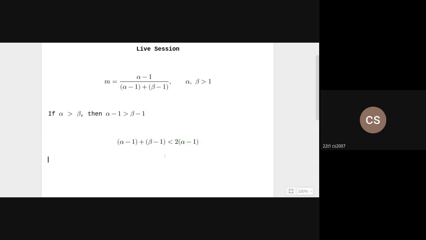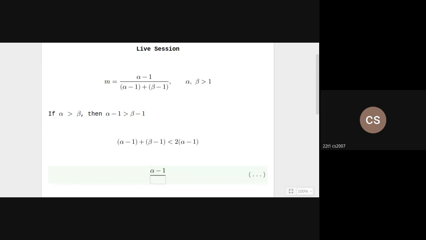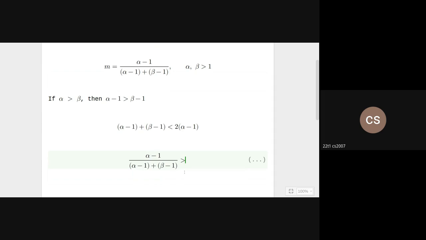Now, as a consequence, what I can do is alpha minus 1 by this whole thing is greater than... you see why this is true?